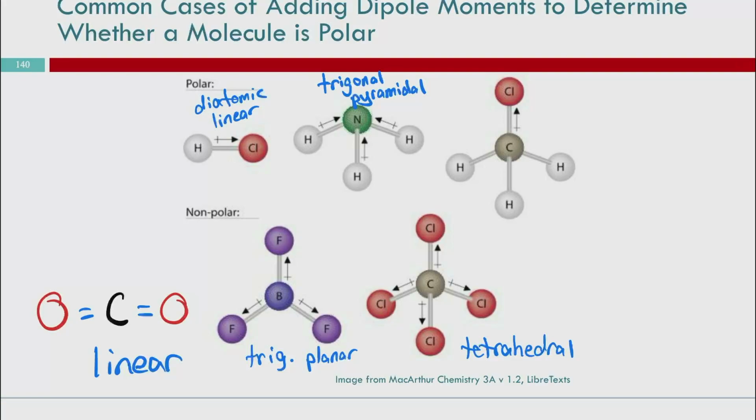And then the last one's tetrahedral, but we've got a different bond between the carbon and the chlorine. And I think the one that I would add to this is like our H2O. So a bent shape. If that's confusing you, don't get concerned yet.